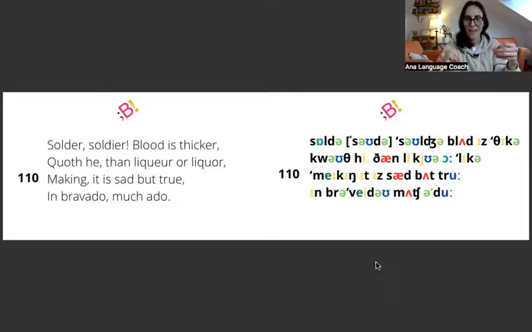Then, be careful with this one, liquor. You can see there is no R in liquor. Making it is sad but true.